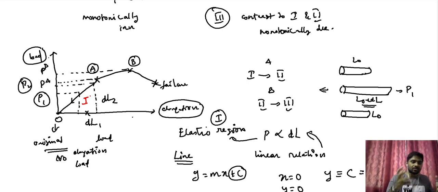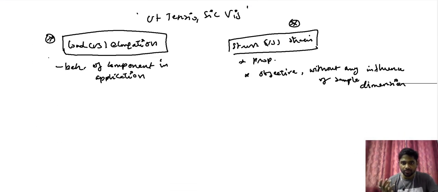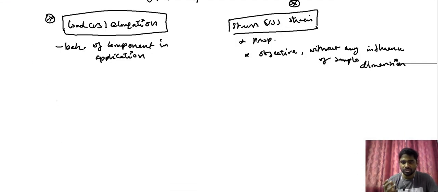So again, we are talking in terms of the qualitative trend. So it is possible for us to perceive such a trend irrespective of what consideration we make. Even in load elongation, we will be able to observe such a trend. Even in the stress strain curve, you will be able to observe such a trend.